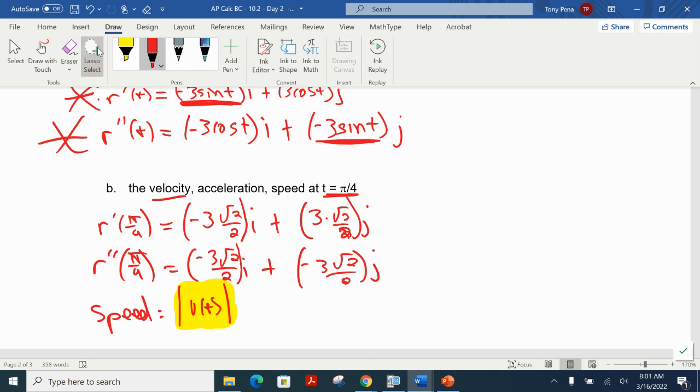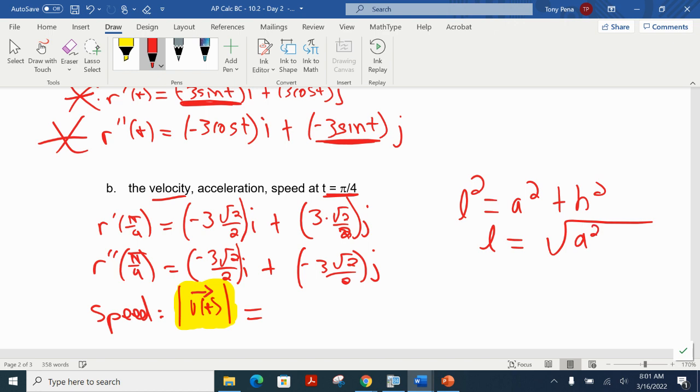So we really want the magnitude of a velocity vector. Like I mentioned briefly when we introduced this at the top of the paper, the magnitude of a vector is the length of that vector. So again, it's just that Pythagorean theorem, L squared equals A squared plus B squared. The length of a vector is always the square root of A squared plus B squared. But we're doing it with our velocity vector. So we're going to set up that square root.